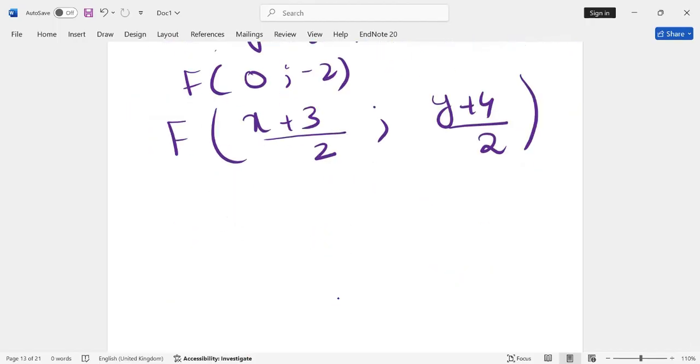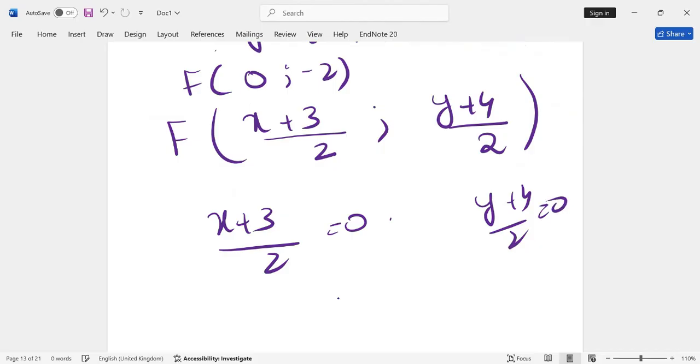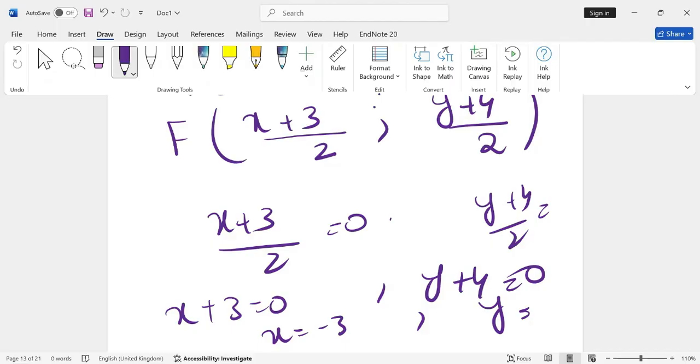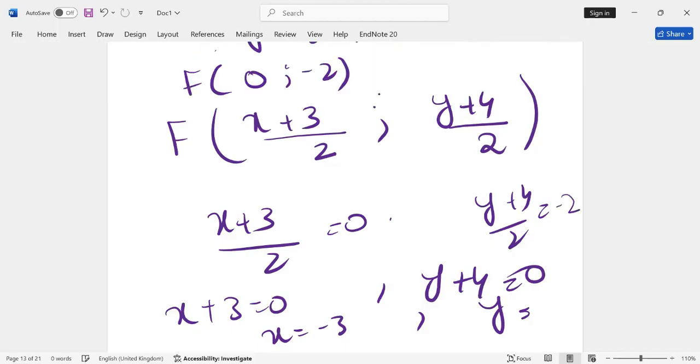I'm just going to simplify. x plus 3 by 2 equals 0, and y plus 4 by 2 equals... sorry, we have not a 0 over here, because we have minus 2, and this 2 becomes 4, minus 4, and this plus 4 goes to minus 8.